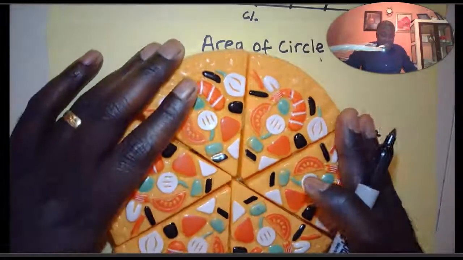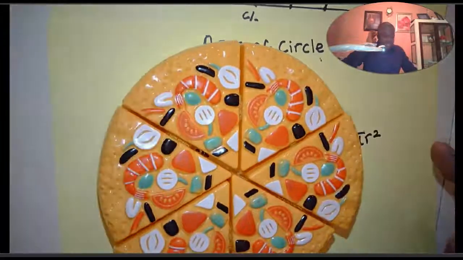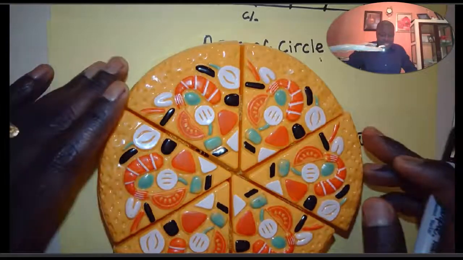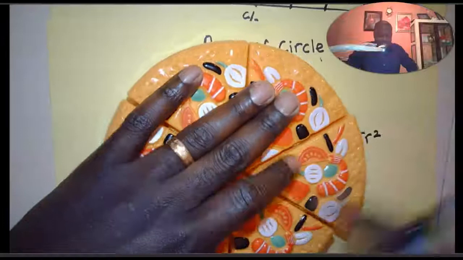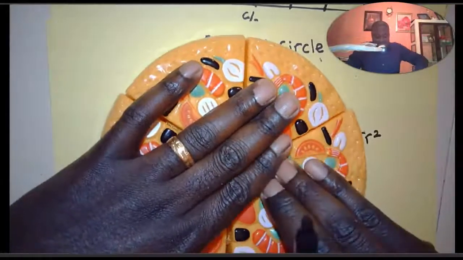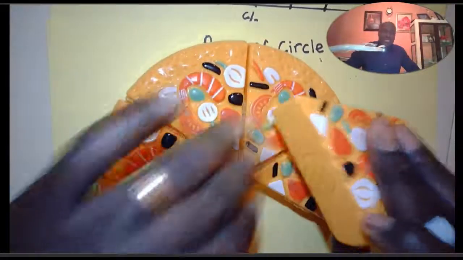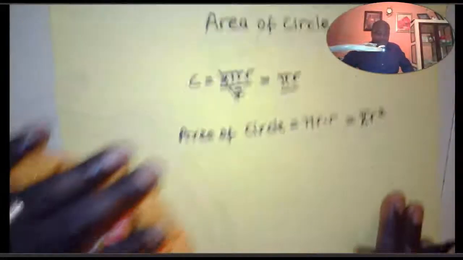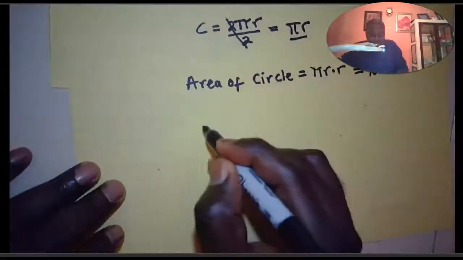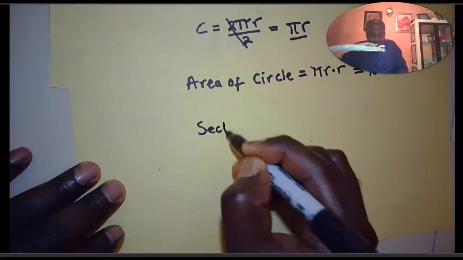One more thing that I would like us to talk about is the area of a sector. So if I take one of the slices here, it represents a sector. This is what I mean, sector here.